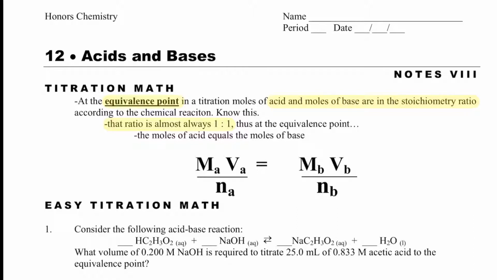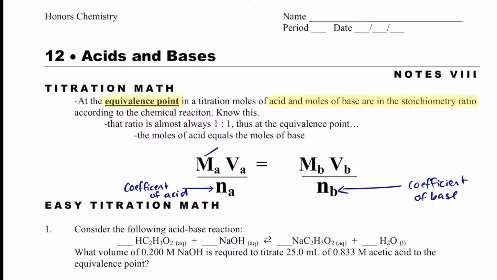This ratio is generally 1 to 1, but it doesn't have to be. And so we've got this really helpful equation here, which is MAVA divided by NA equals MBVB divided by NB. NA is the coefficient of acid, where NB is specifically the coefficient of base.